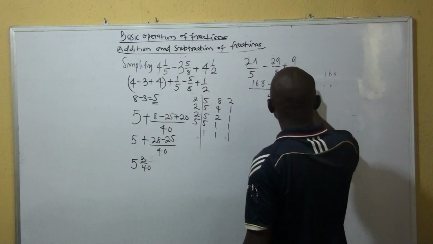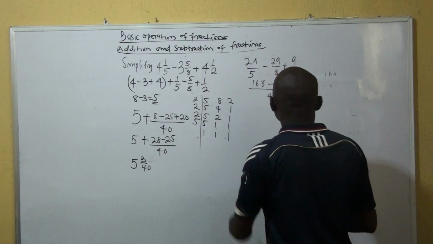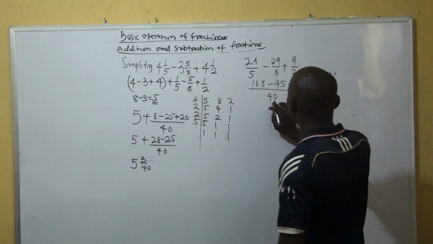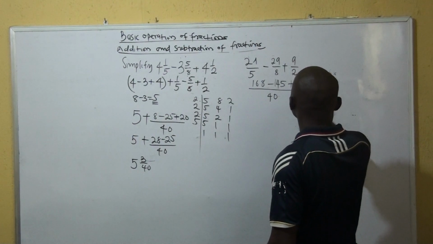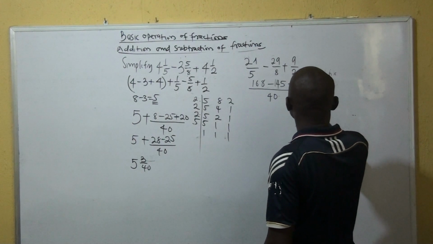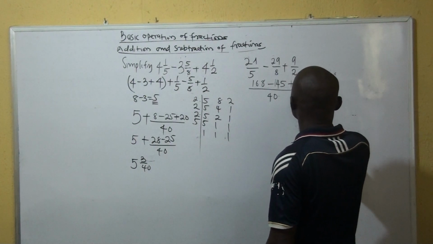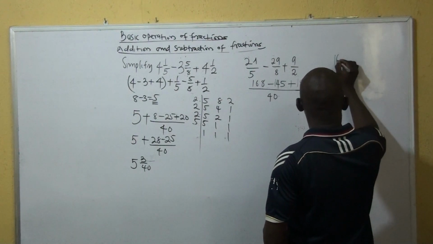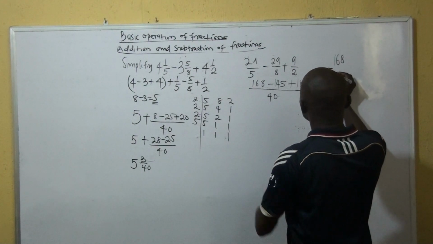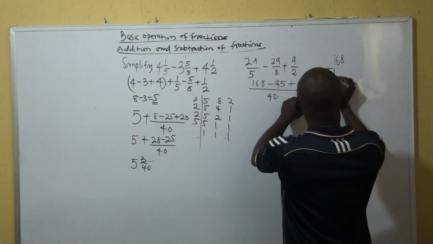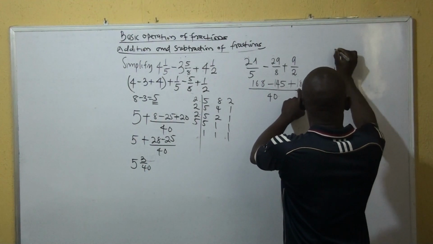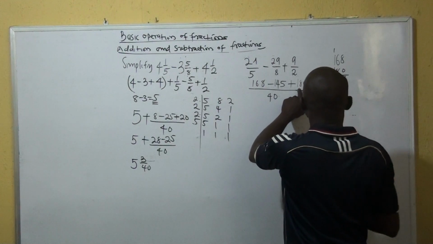Now 40 divided by 2. Remember, this is an addition sign here. 40 divided by 2 is 20. 20 times 9 gives 180. So let's add 168 plus 180. This is 8, this is 4, here this is 348.